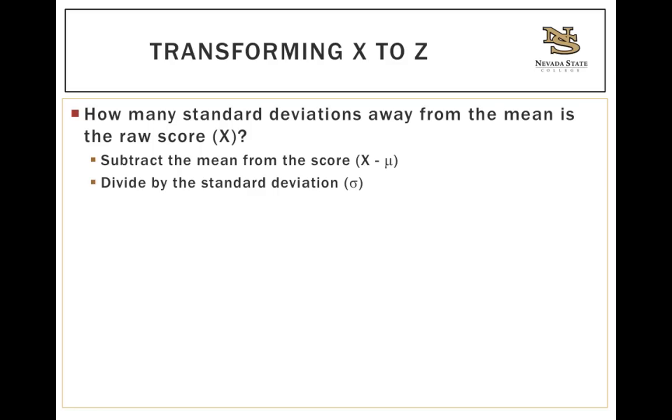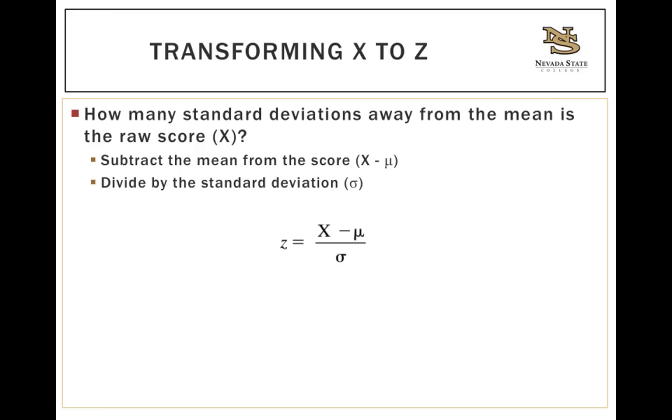And then we're going to divide by the standard deviation, in this case represented by sigma because we're dealing with a population. And that's it. So in order to calculate your z-score, you just need the raw score that you're converting, the mean of the population, and then you divide by your standard deviation. The resulting number gives you a z-score.